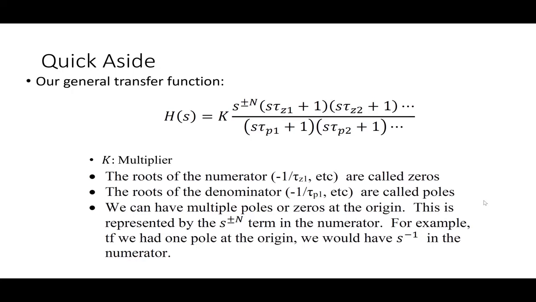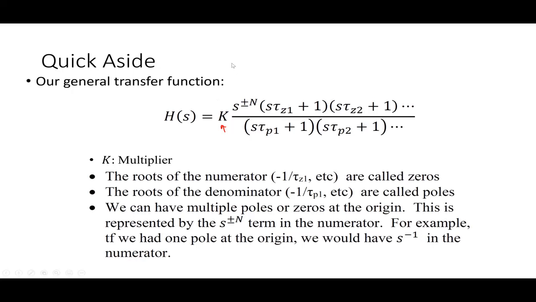So I have a multiplier in front, okay? And a transfer function would come from circuit analysis of some kind. I look at a circuit, I get the transfer function. Okay? So I have H of S equals K times this monstrosity over here.